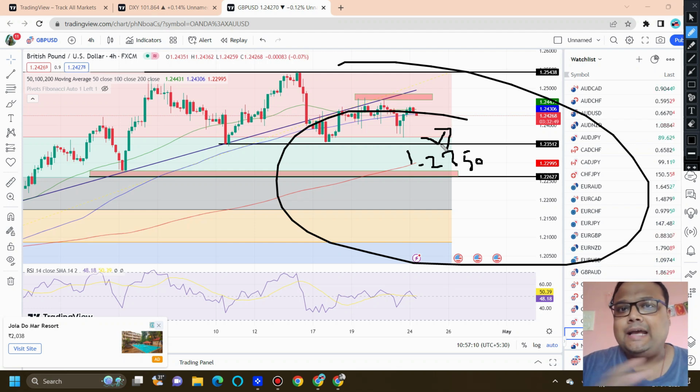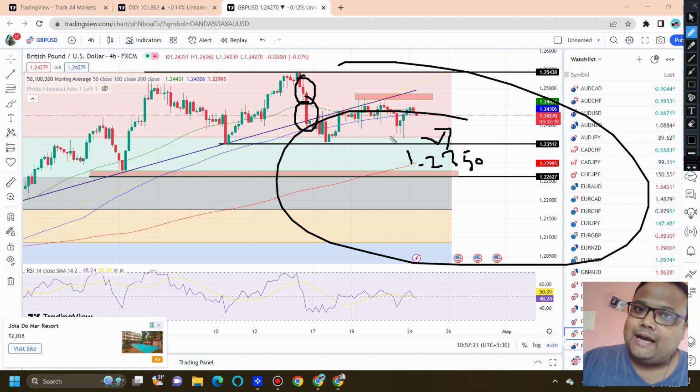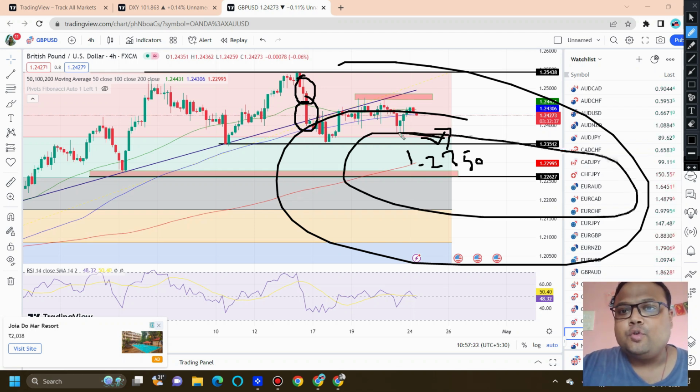But on the other hand, if you see the market approaching the support level with red candles like this, it means the selling pressure is high, volume is there, and as a result there is a high chance of the market breaking the support. So 1.2350 is a critical level. If the volatility is low, it may work as support.